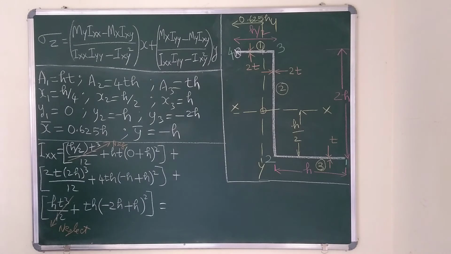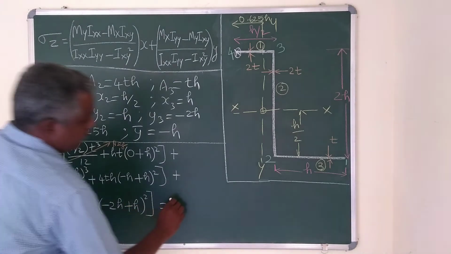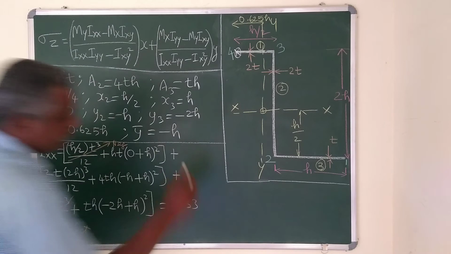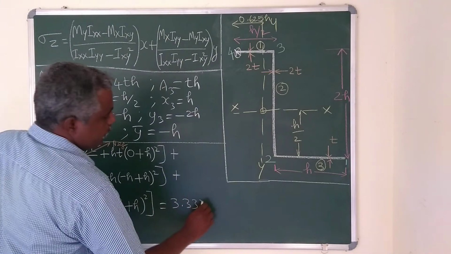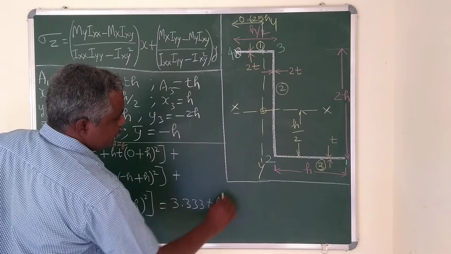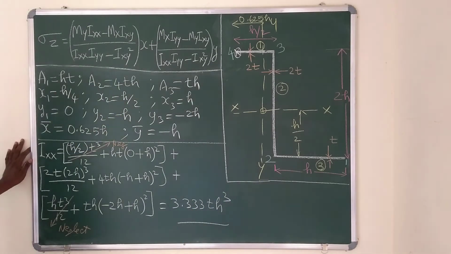After simplification, we get Ixx to be 3.333 th cube. This is the Ixx value.